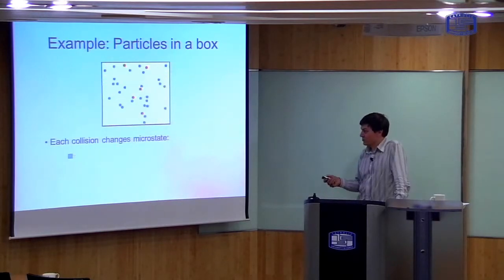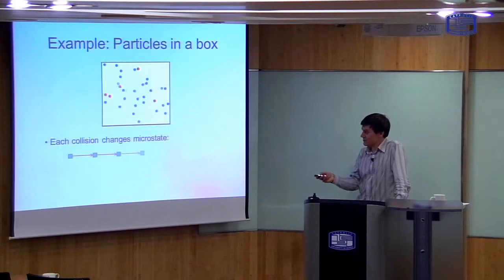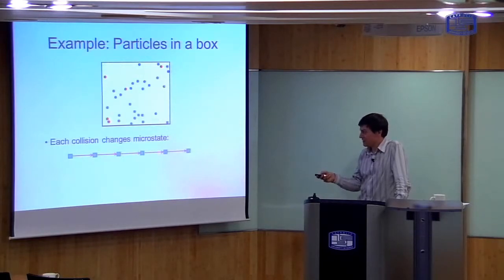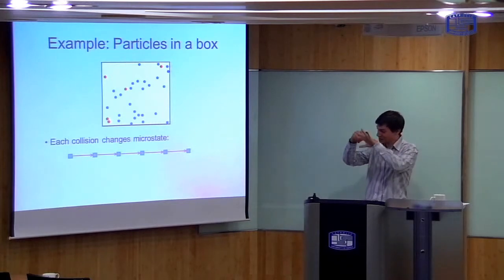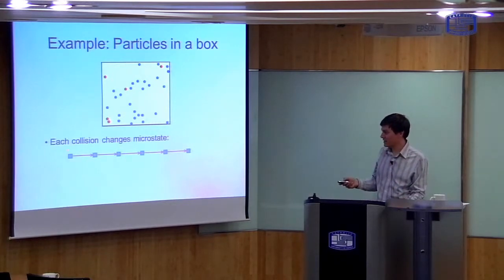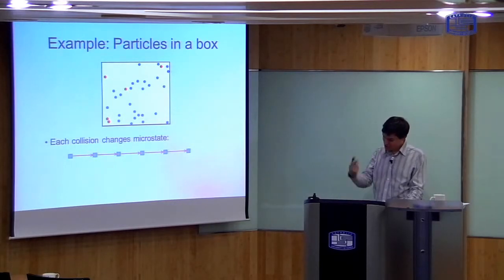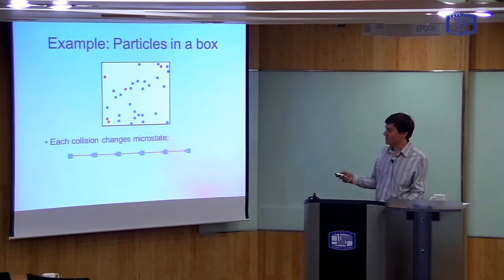As I go through the whole thing, each time two particles collide, the velocities of the system are changed, and therefore the microstate the system is in is changed. So I can describe the evolution of the system in terms of the microstate it's in at each particular point in time. And each time there's a collision, the microstate is changed.